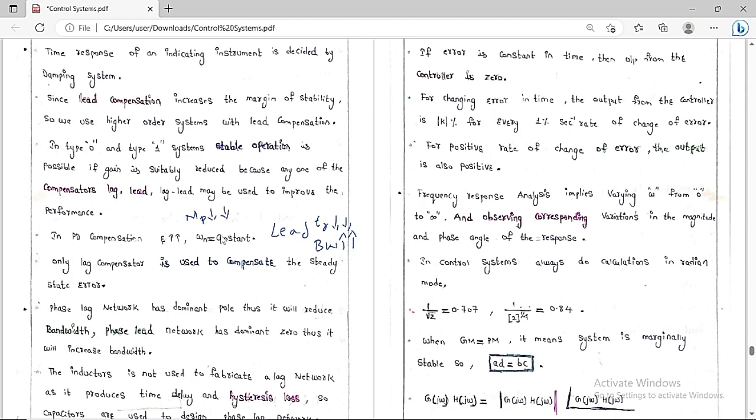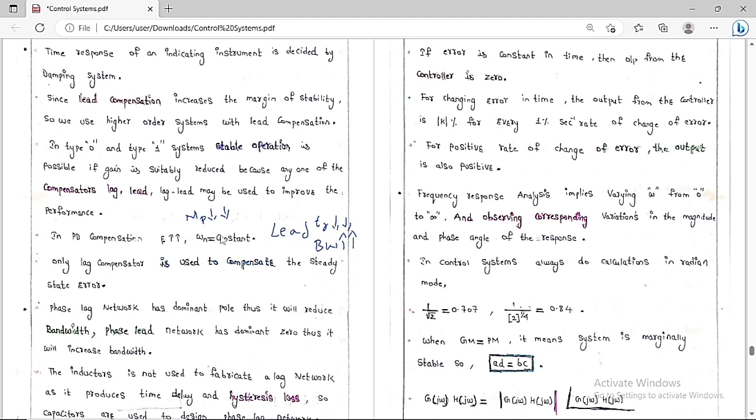And omega n is constant: the natural frequency will never change with PD compensation. So in PD or lead compensation, the rise time decreases, the bandwidth increases, the damping ratio increases, the peak overshoot decreases, whereas the natural frequency omega n always remains constant. It will never change.